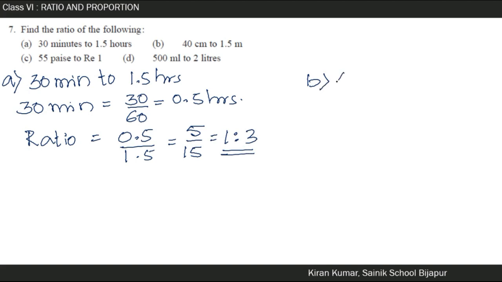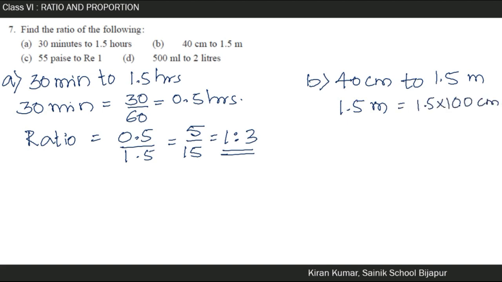And the second one is 40 centimeter to 1.5 meter. This particular thing I'll convert in terms of centimeters so that you'll get a clear idea. If 1.5 meter is there, 1.5 to be multiplied with 100, so we'll be getting 15, followed with two zeros, one decimal placed, 150 centimeter.